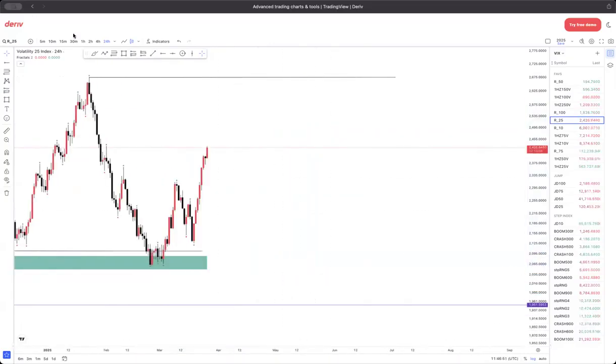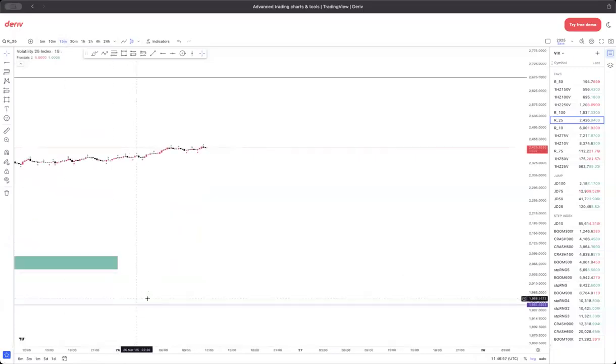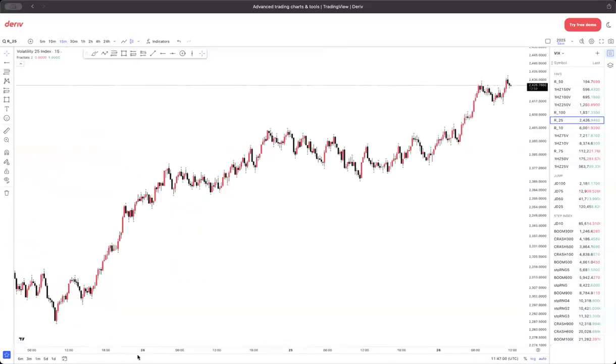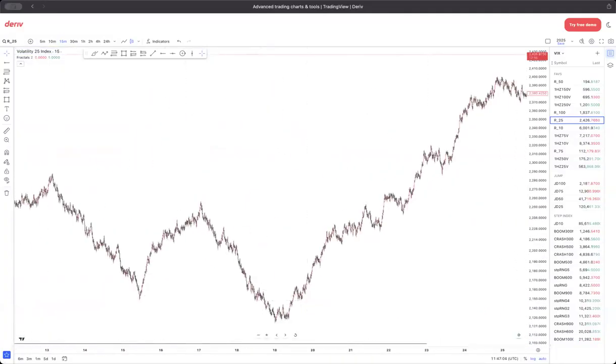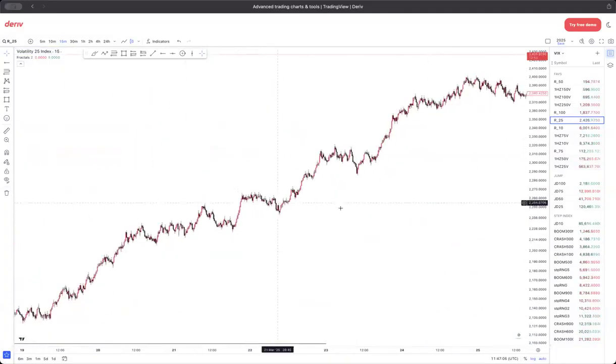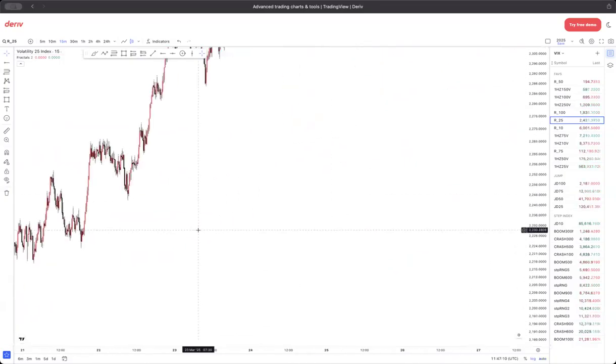Now let's go down to the lower time frame. Let me see if I can find previous price action that I'll show you. Let me just check. Okay, I think I had this one.